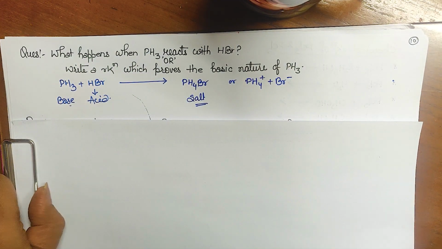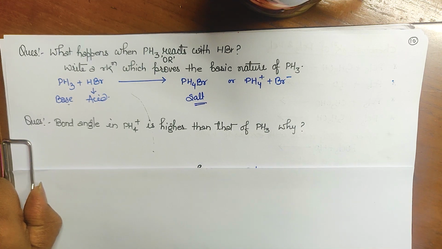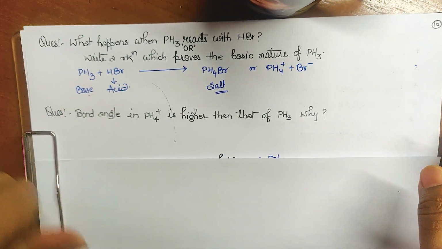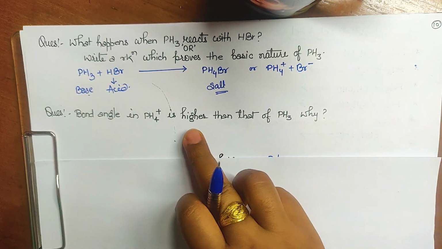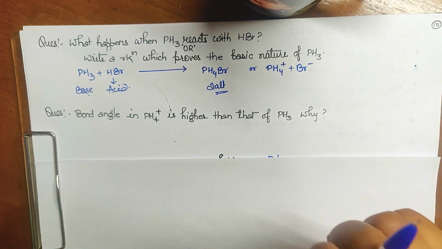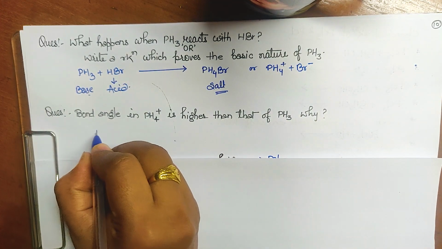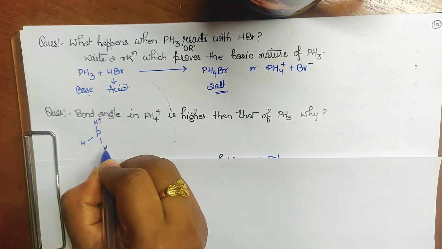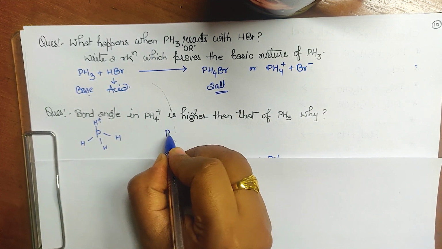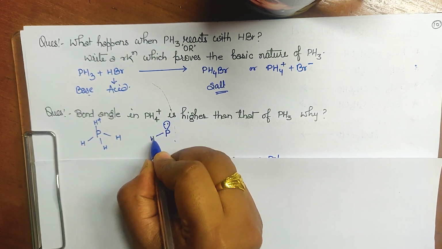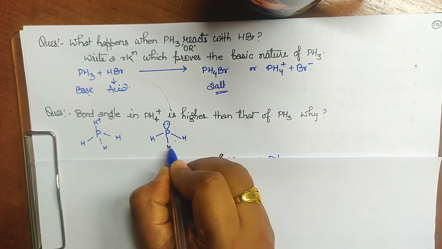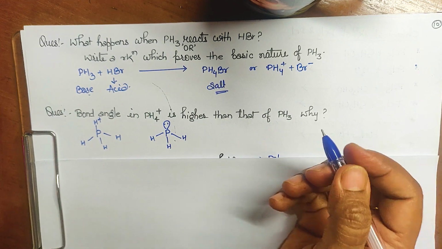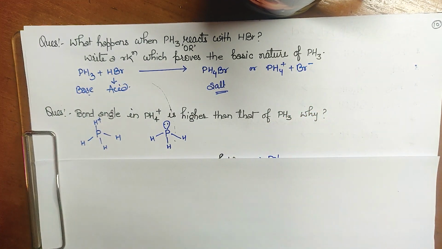Here is the next question: the bond angle in PH4 plus is higher than that of PH3. Why? If we talk about PH4 plus, this will be PH4 plus, and this will be PH3.